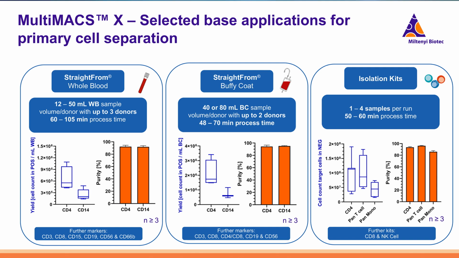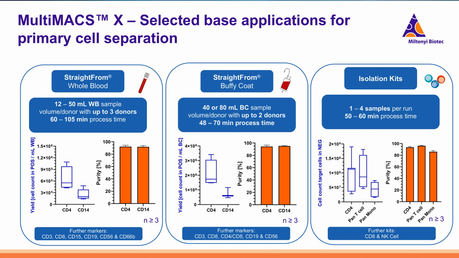Last but not least, I will show you the results of the isolation kit-based application for primary cell separation. And here you can run either 1 to 4 PBMC samples per run in time between 50 to 60 minutes for the fully automated process.